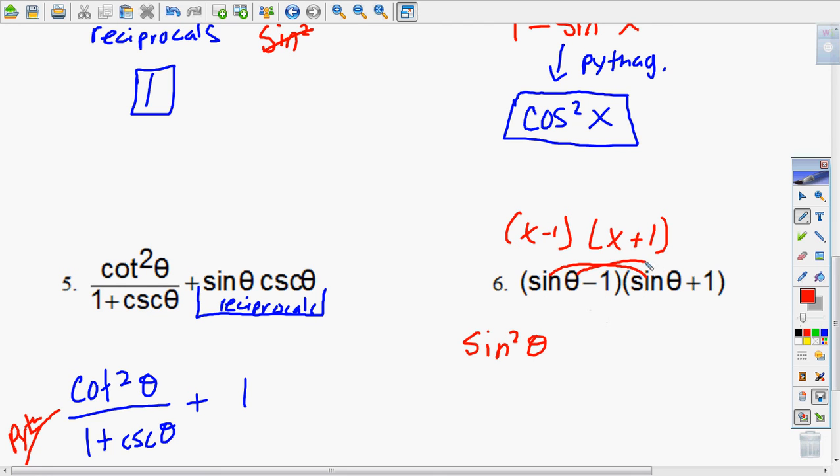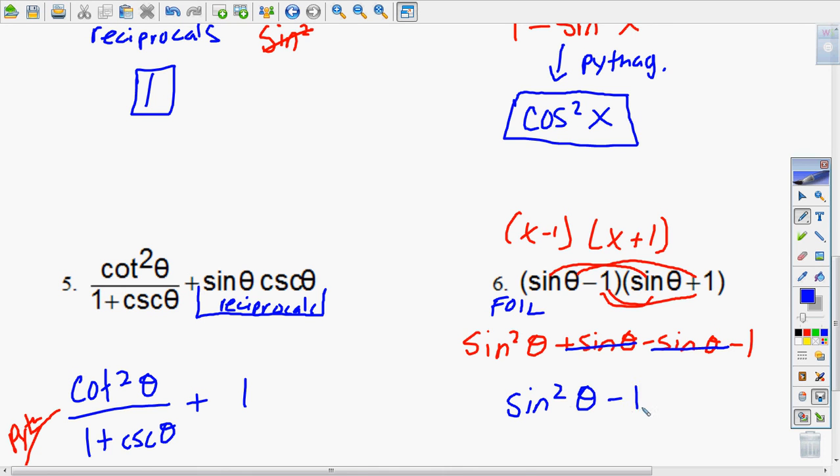Sine times 1 is sine theta. Negative 1 times sine is negative sine theta. And negative 1 times positive 1 is negative 1. What happens to my middle? I have a positive sine and a negative sine, so we FOIL, we eliminate it, and we're left with sine squared theta minus 1.